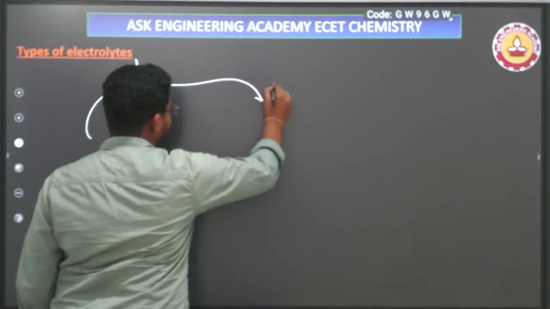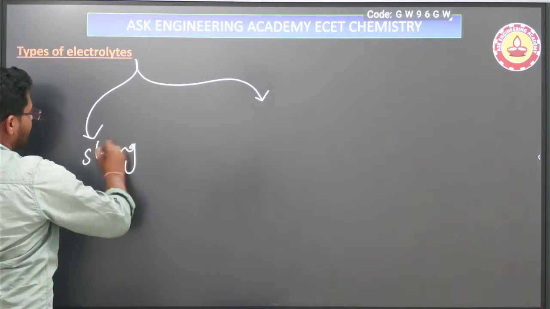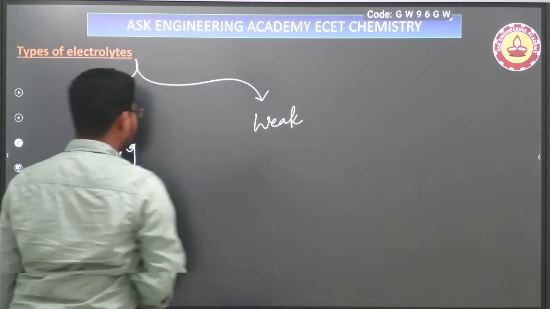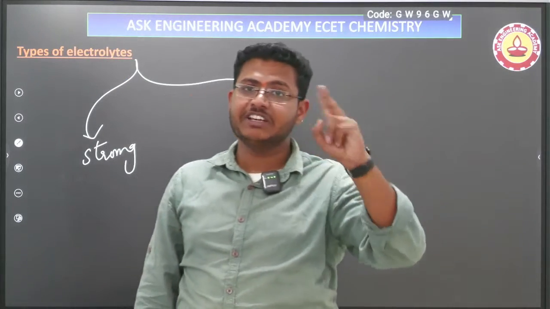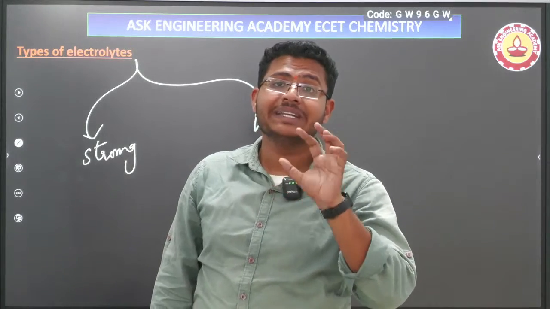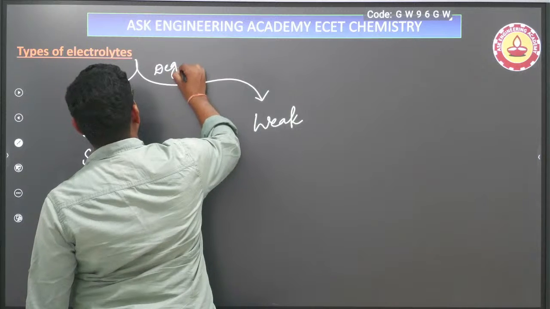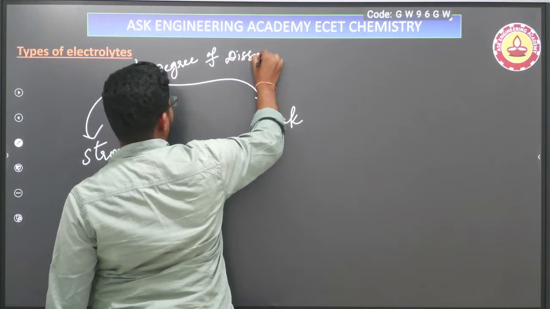Generally, there are two types: strong electrolytes and weak electrolytes. These are classified based on the degree of dissociation of ions.